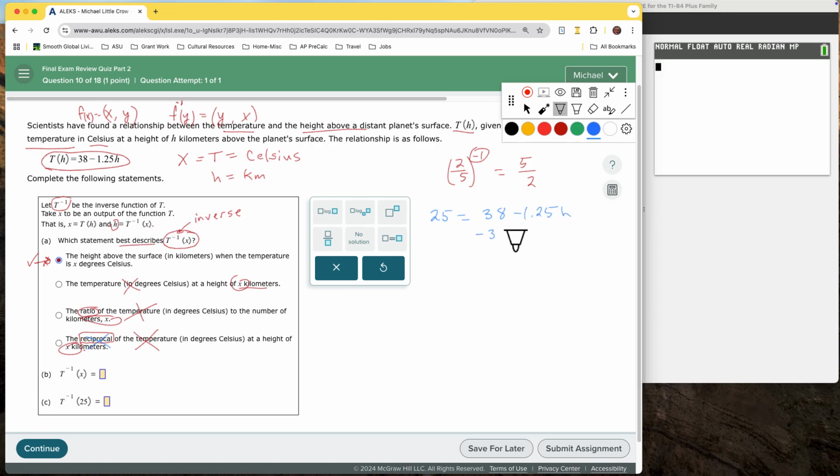Okay, minus 38. You get negative, that's 5 plus 8 is 13, negative 13 is equal to, this gives you 0.25h, and then just divide by negative 1.25.